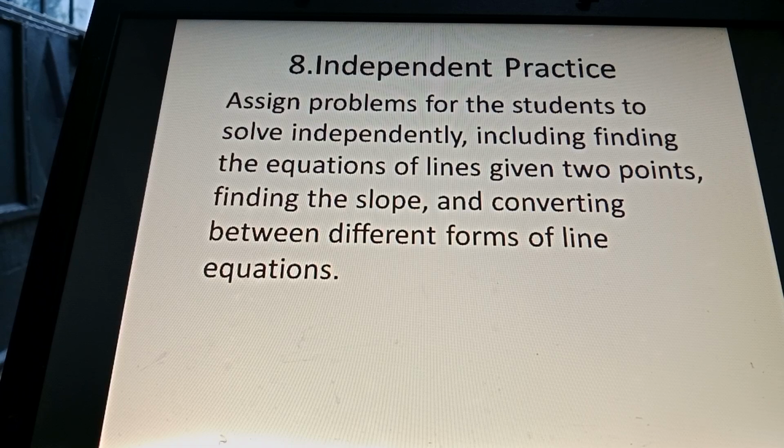Independent practice. Assign problems for the students to solve independently, including finding the equations of the lines given 2 points, finding the slope, and converting between two different forms of the equations. That is for the teacher, or for the students to look for more work.